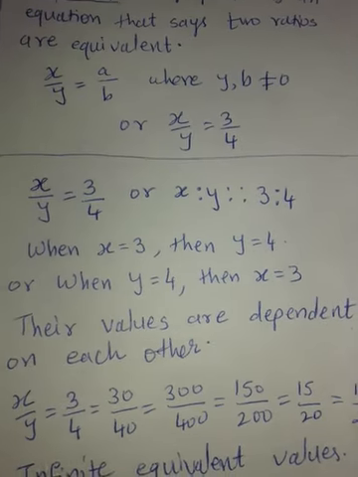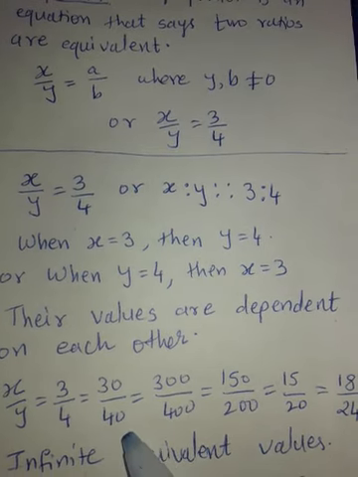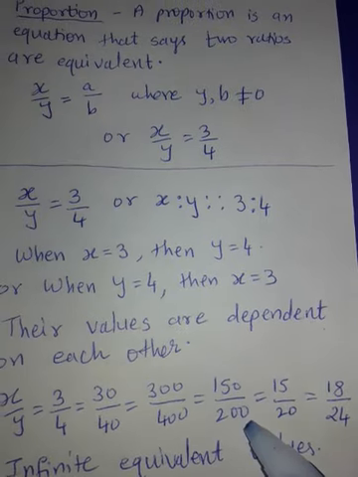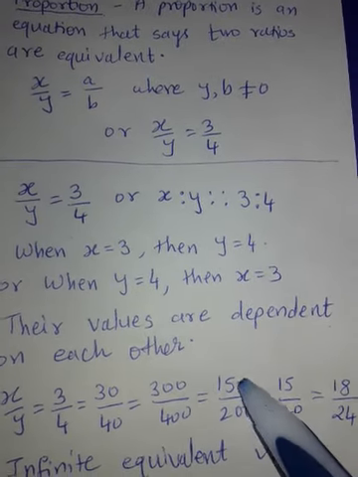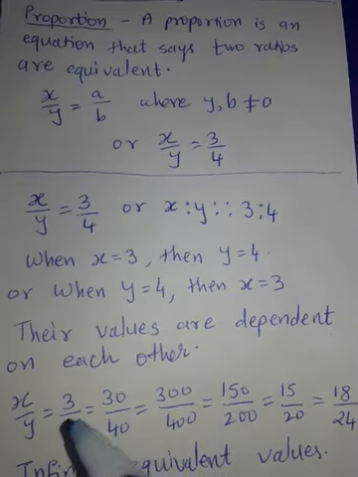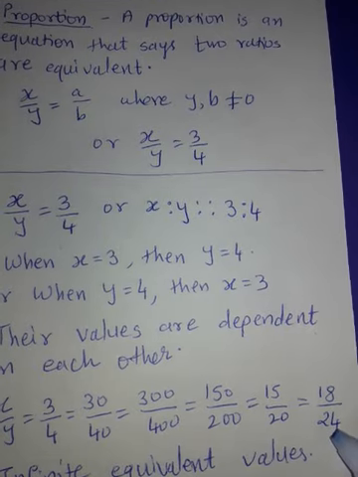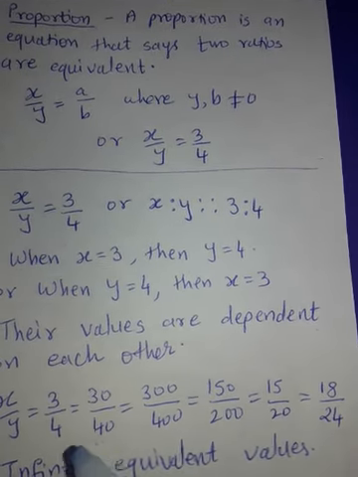So here, x upon y is equal to 3 upon 4, same as 30 upon 40, same as 300 by 400, same as 150 upon 200, same as 15 upon 20. I have divided both by 10. Now if I multiply 3 and 4 by 6, I get 3 sixes are 18 and 4 sixes are 24. So to find equivalent ratios, what can I do?